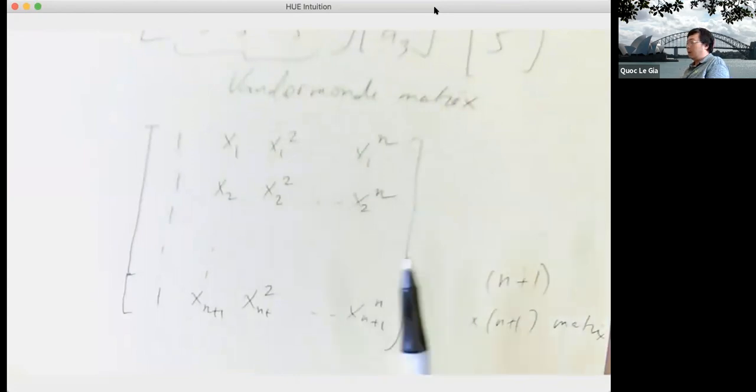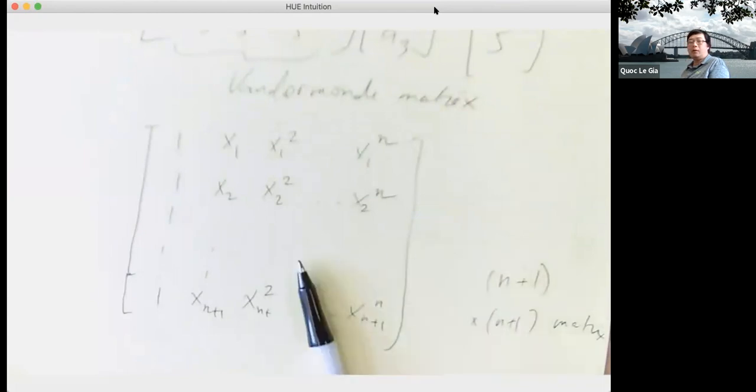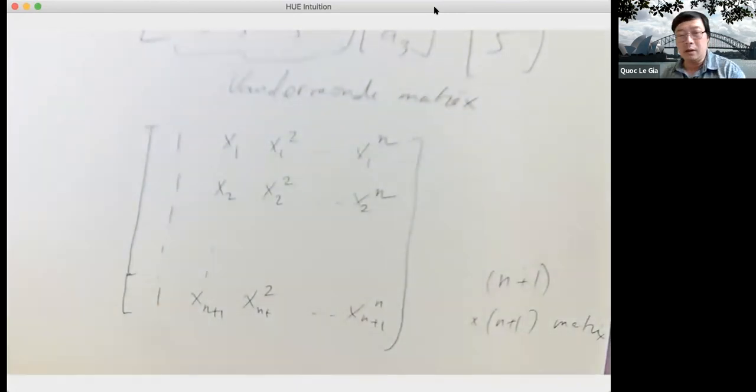And you can look up the formula. He proved the determinant for this formula as well. It's the product of xi minus xj. Yeah, and I think it's not an easy proof. So that's why people name it after him. And if the points are different, then the determinant is always non-zero. Okay.